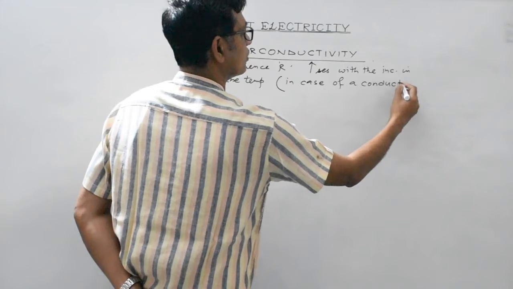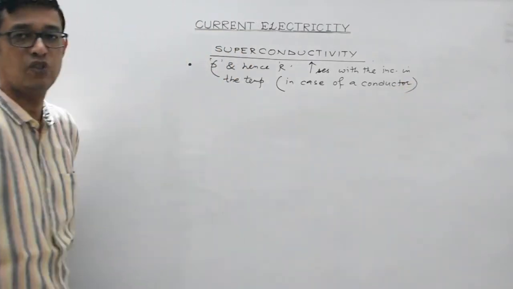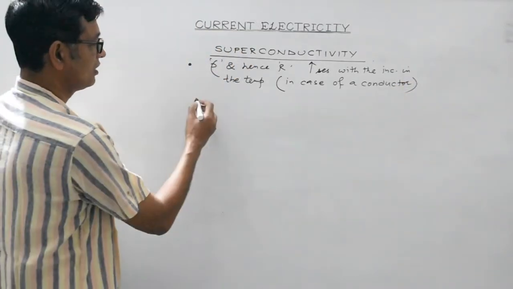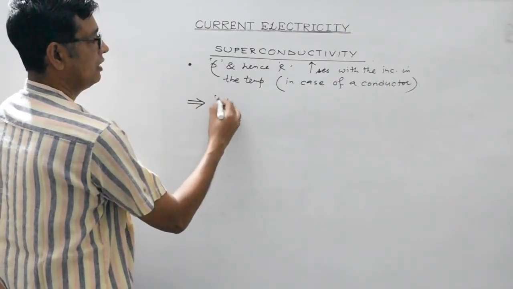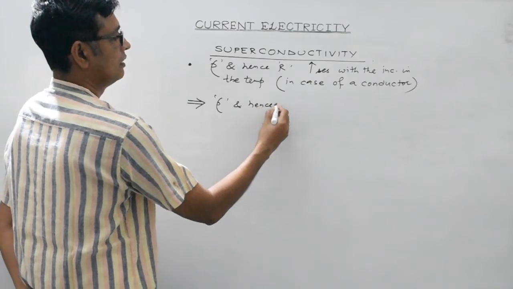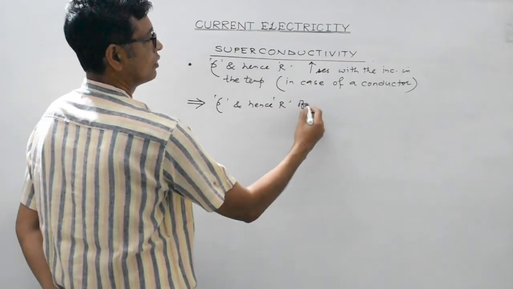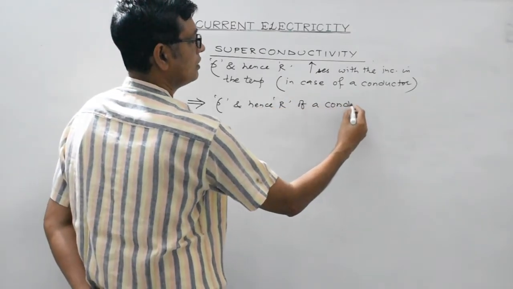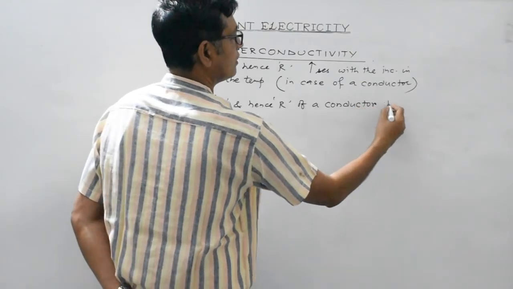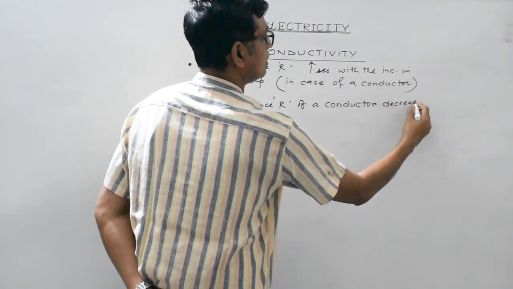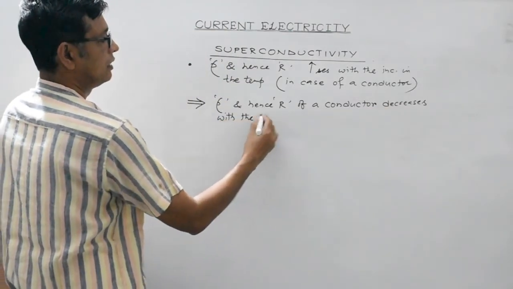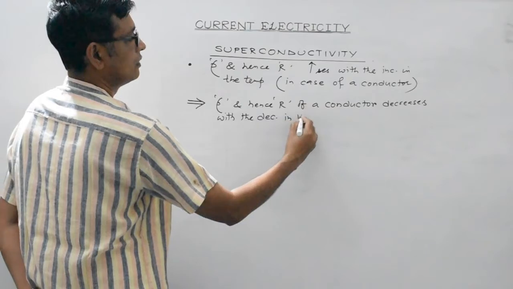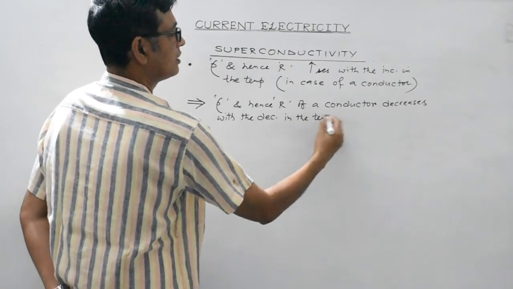No doubt regarding this. We have proved it mathematically as well. So from this we can conclude that the resistivity, and hence the resistance, of a conductor decreases with the decrease in the temperature. Right? This is a known fact.